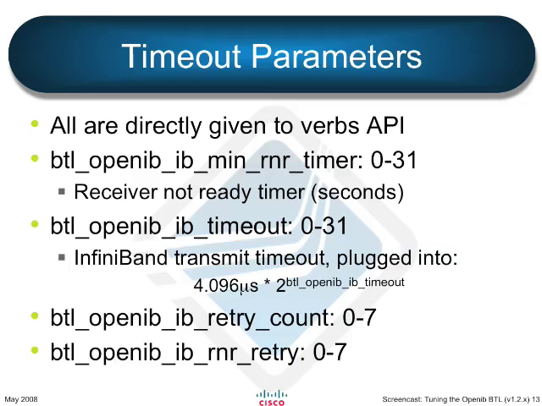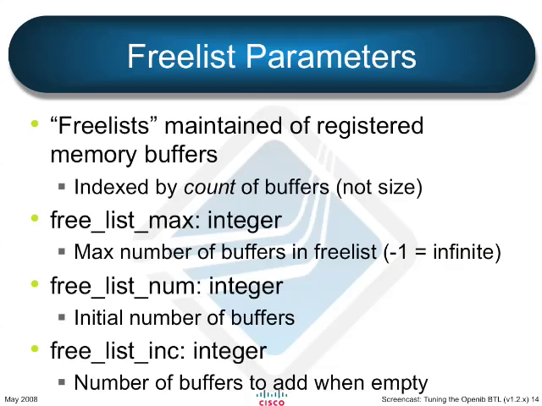Now, freelist parameters are how Open MPI keeps a pile of free-listed pre-registered buffers for short messages and control messages and a few other things. So there are a few parameters here that govern how many buffers Open MPI is allowed to use. We default to -1, which is infinite, so we'll always let it grow and never bound it.